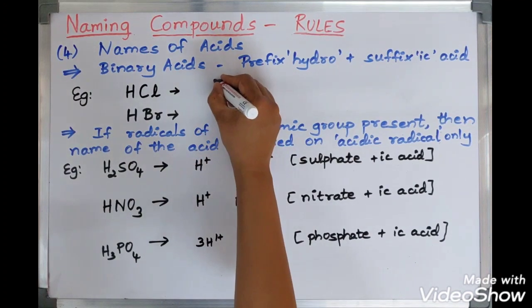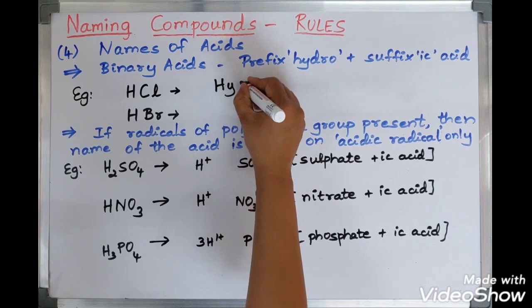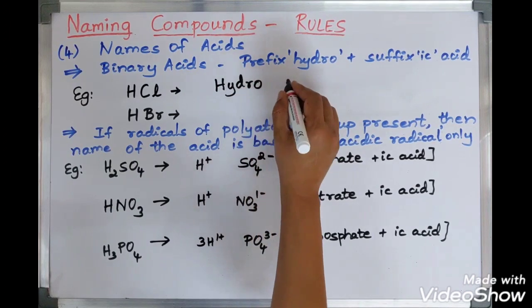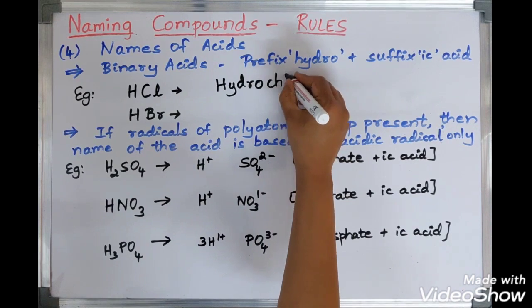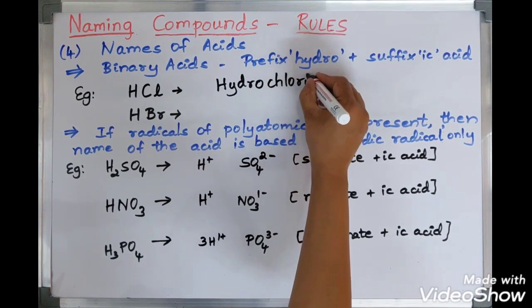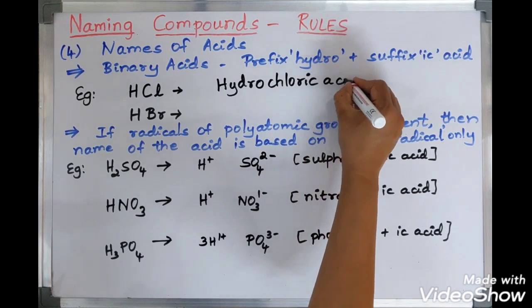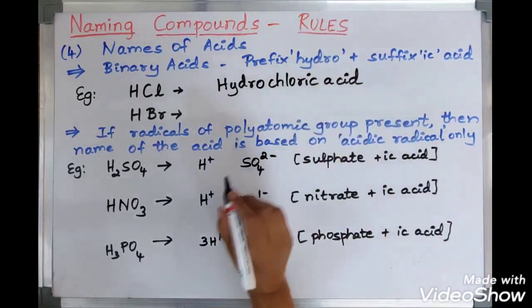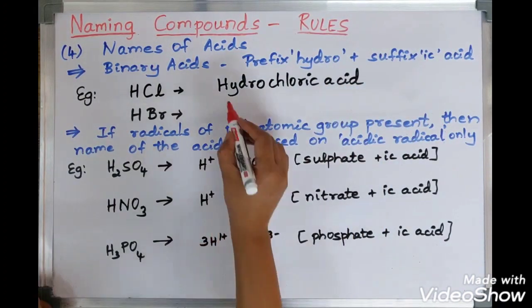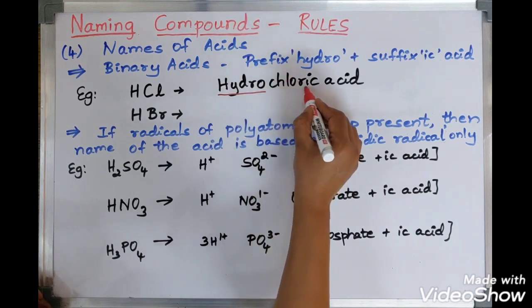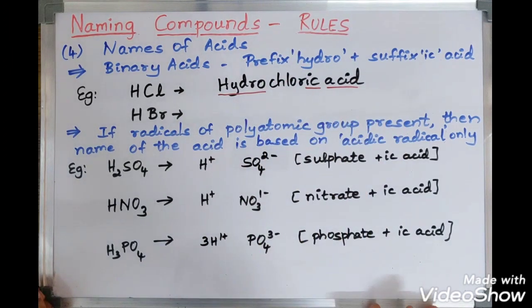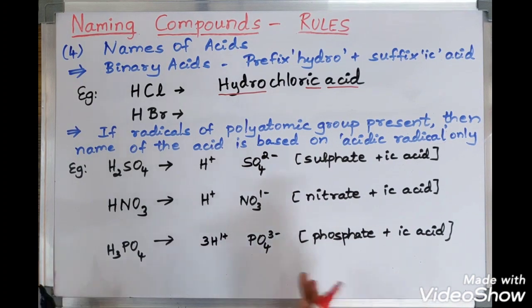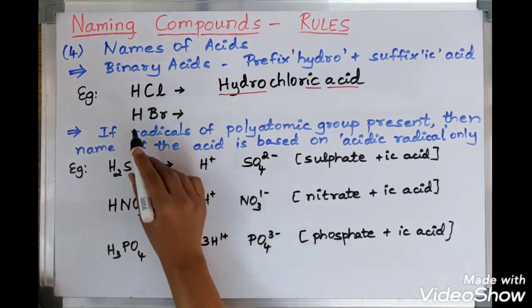So we add the prefix hydro, and to the root word we add the suffix ic acid: chloric acid. So what we have added? We have added the prefix, we have added the suffix ic acid, hydrochloric acid. In a similar way, we will write for HBr.